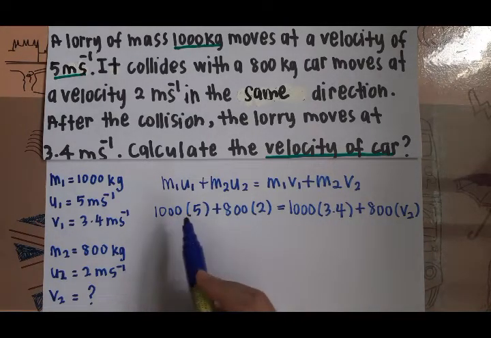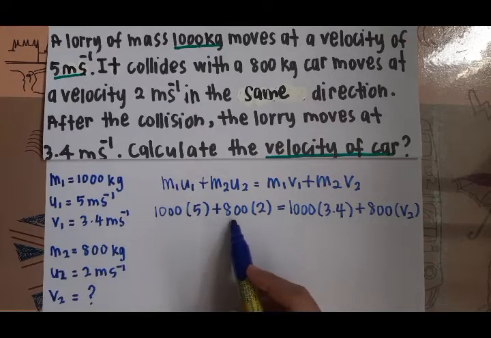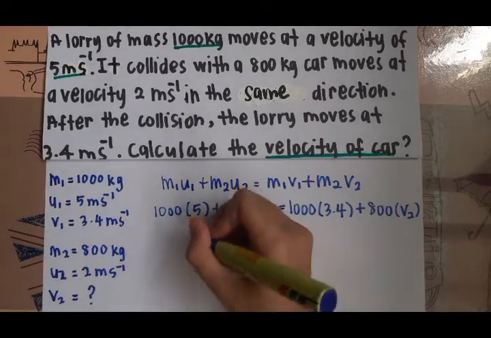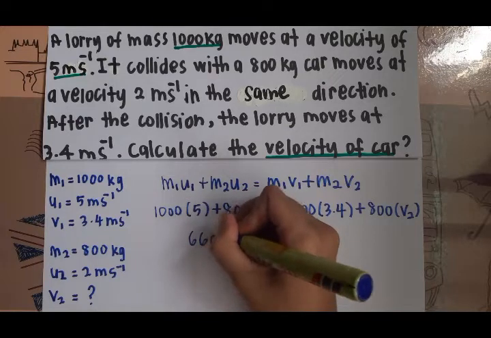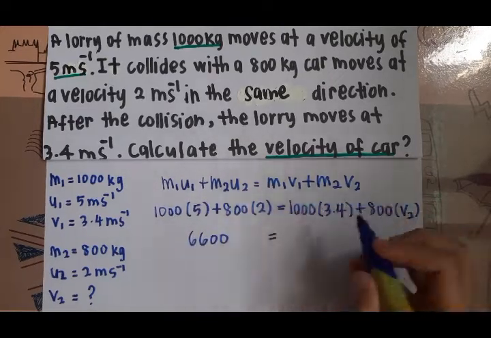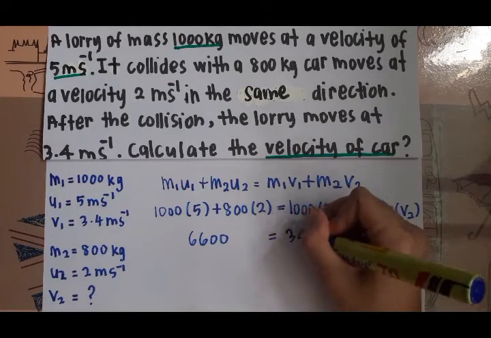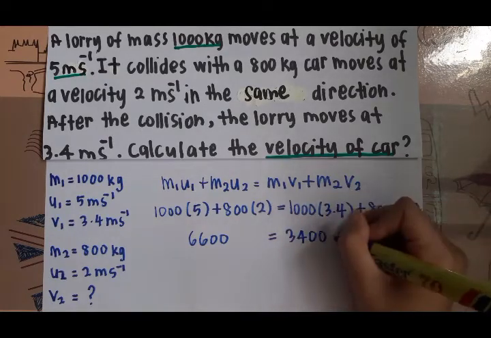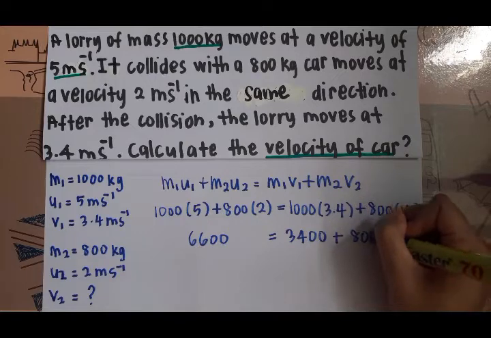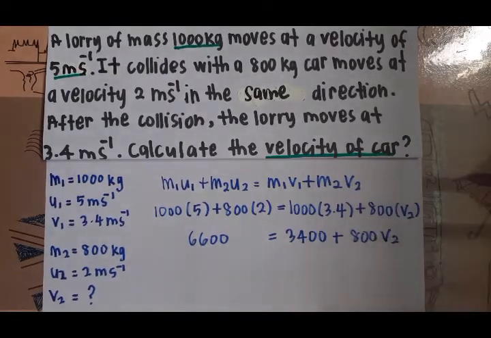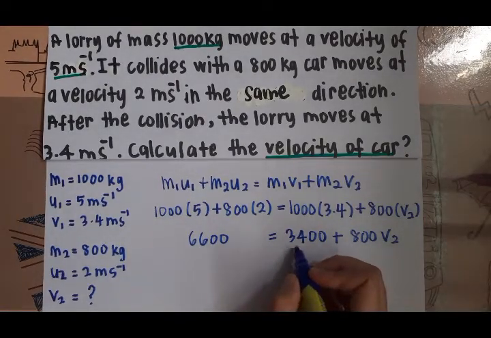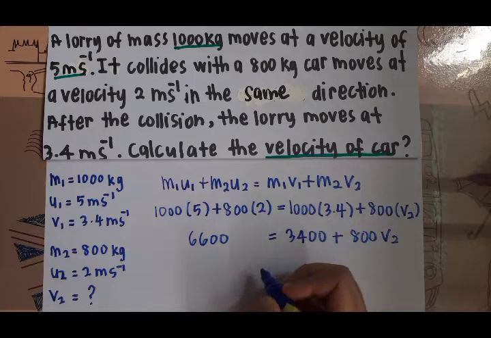So 1000 times 5 plus 800 times 2, we have 6600, equal to 1000 times 3.4, which is 3400, plus 800 v2. So we transfer the 3400 to the left side.